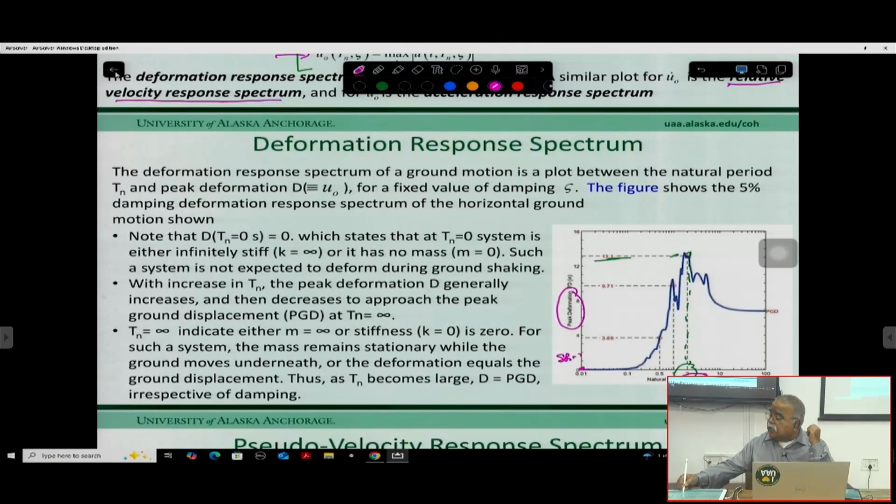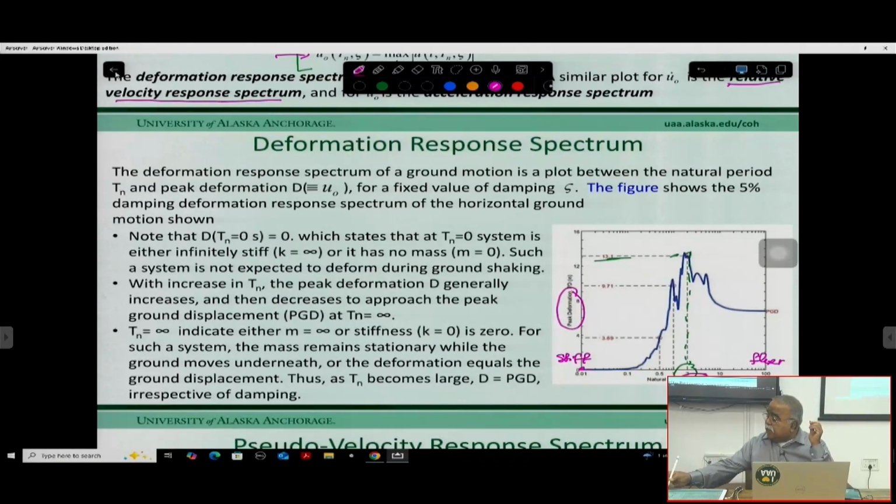I told you that this side will be the stiff side if it is a time period, and this side will be the flexible side, right? So if it is a stiff structure, then it is not expected to move at all. So the spectral displacement will be equal to 0, right?